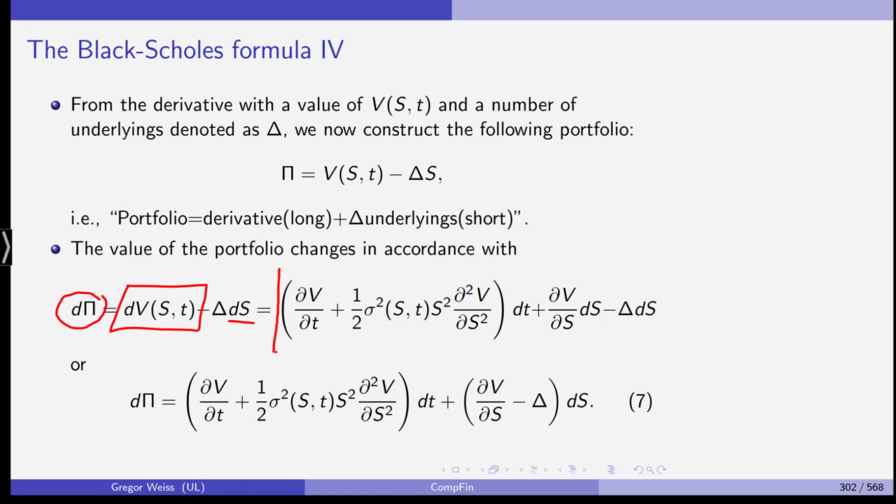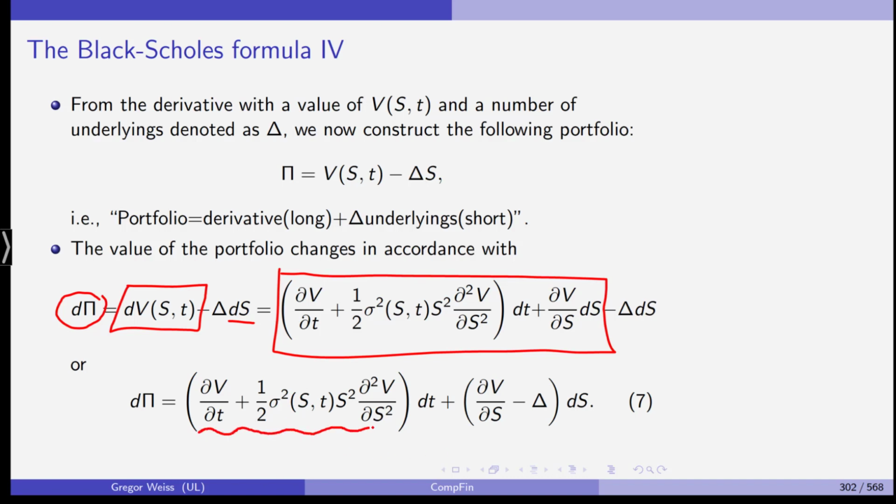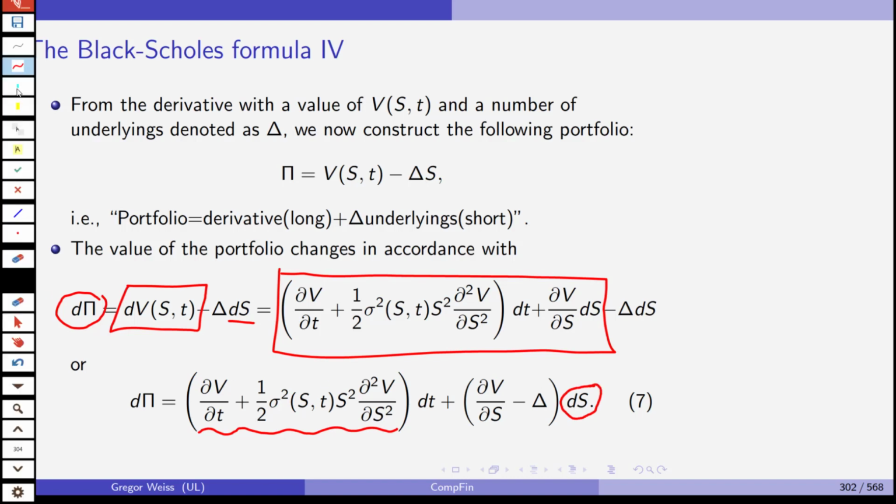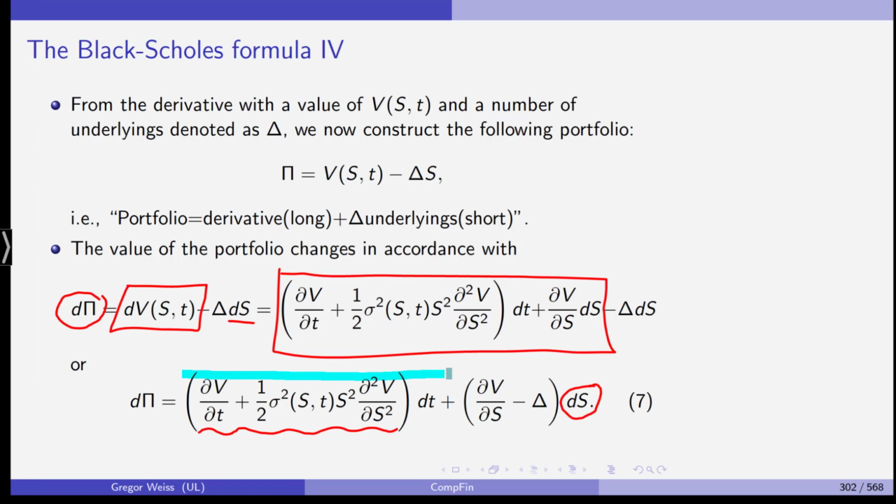So if we simplify this a little bit, we can see that this is a term that only depends on time, and this here depends on the change in the underlying price. Now the first part is all deterministic.